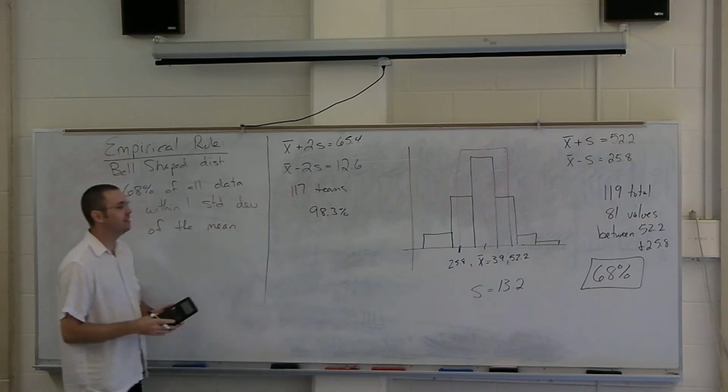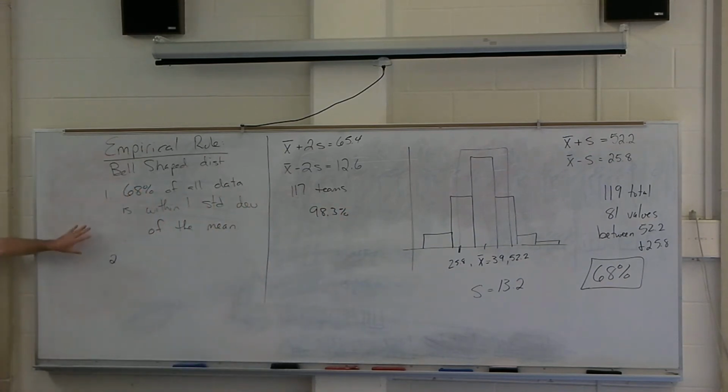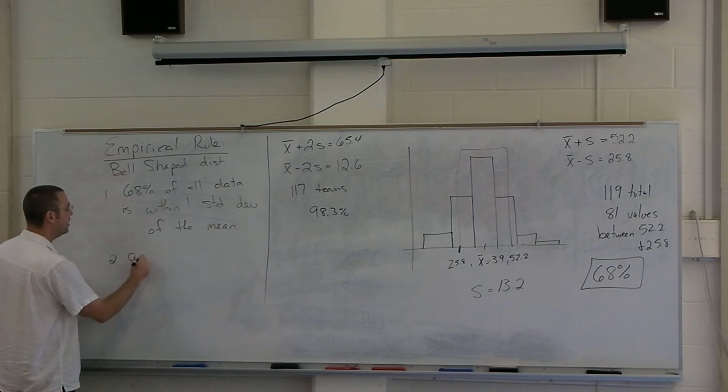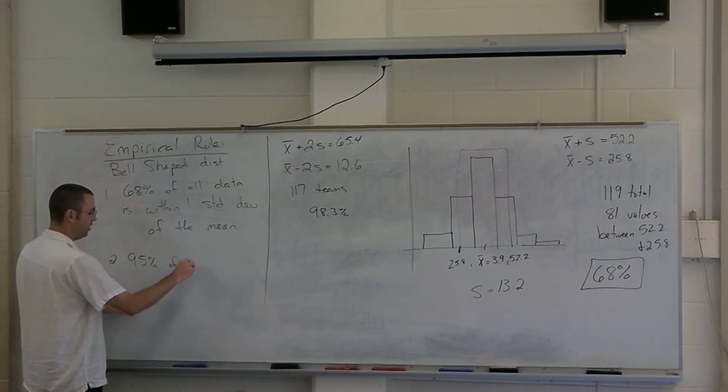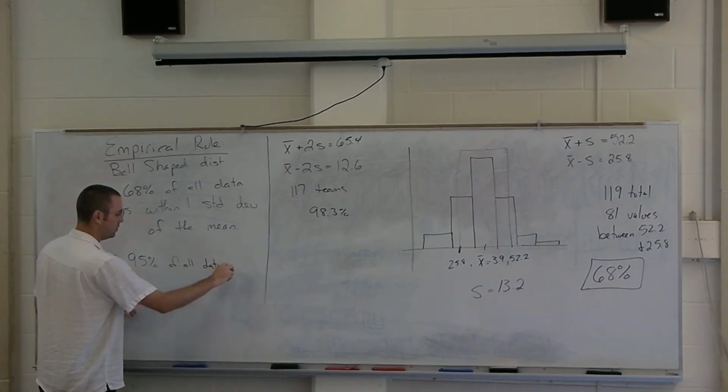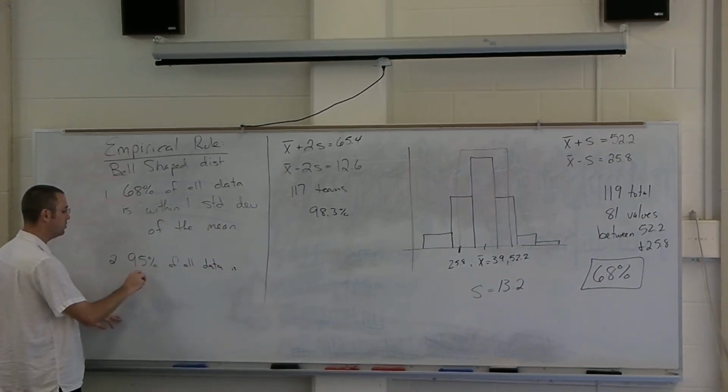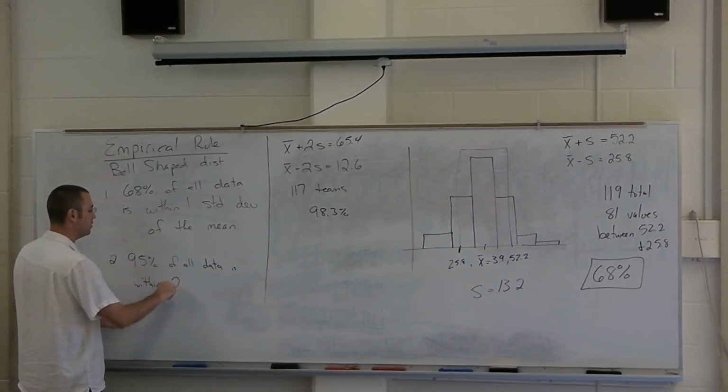But in terms of what our rule says, our rule doesn't say 98.3%. Our rule actually says 95% of all data is within 2 standard deviations of the mean.